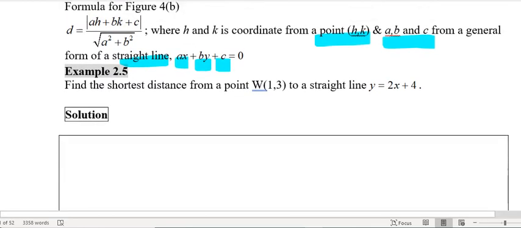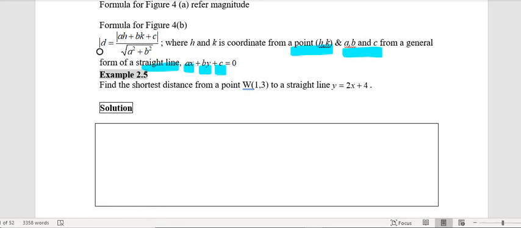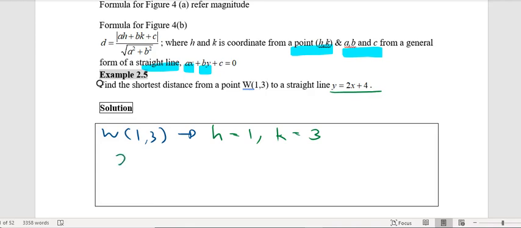So let's start. From a point 1 and 3, what will be your h? 1. What will be your k? 3. After that, to a straight line, y equals 2x plus 4. Make it into general form first. So you will have 2x minus y plus 4 equals 0.